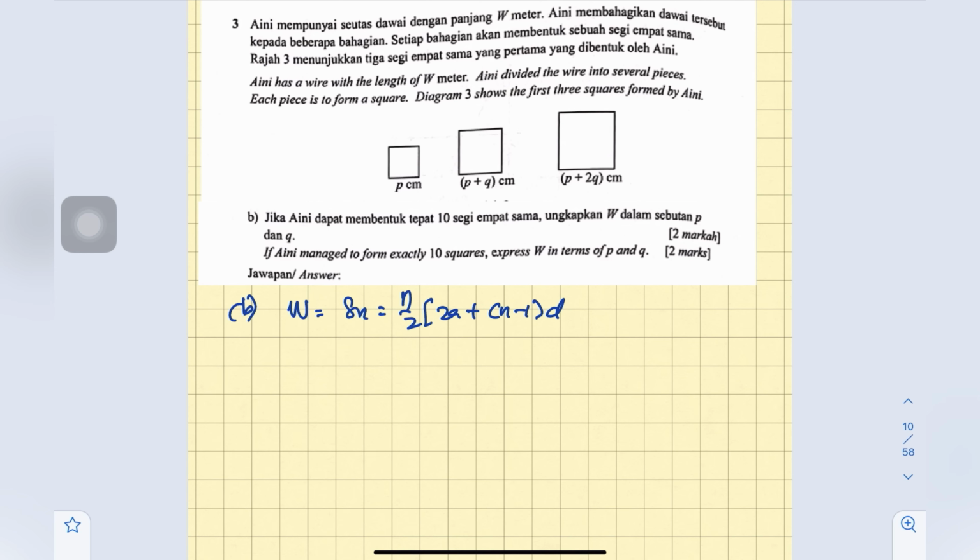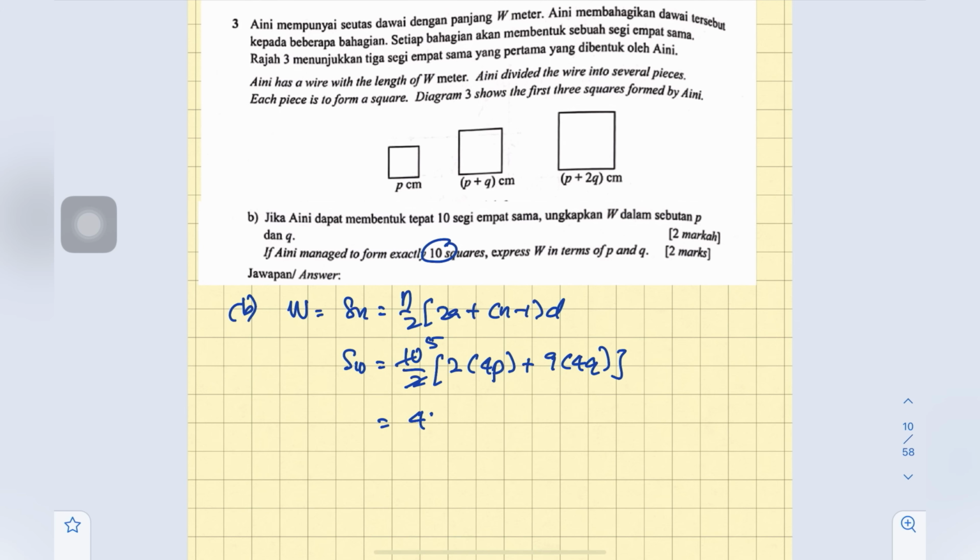Okay, so now I need 10 squares, so S10 equals to 10 over 2, 2a, a is 4P plus n minus 1, so 10 minus 1, 9. d is 4Q.